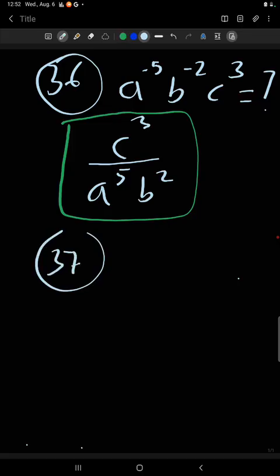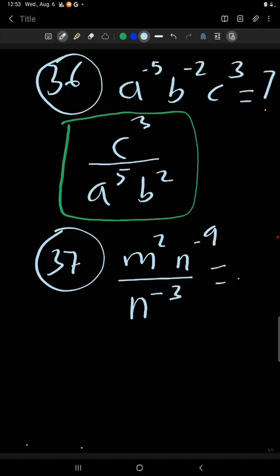Problem 37. Let's say we have m squared n to the power negative 9, all of that divided by n to the power negative 3. What is that going to be equal to? So by now we should be fairly comfortable with the negative exponents.